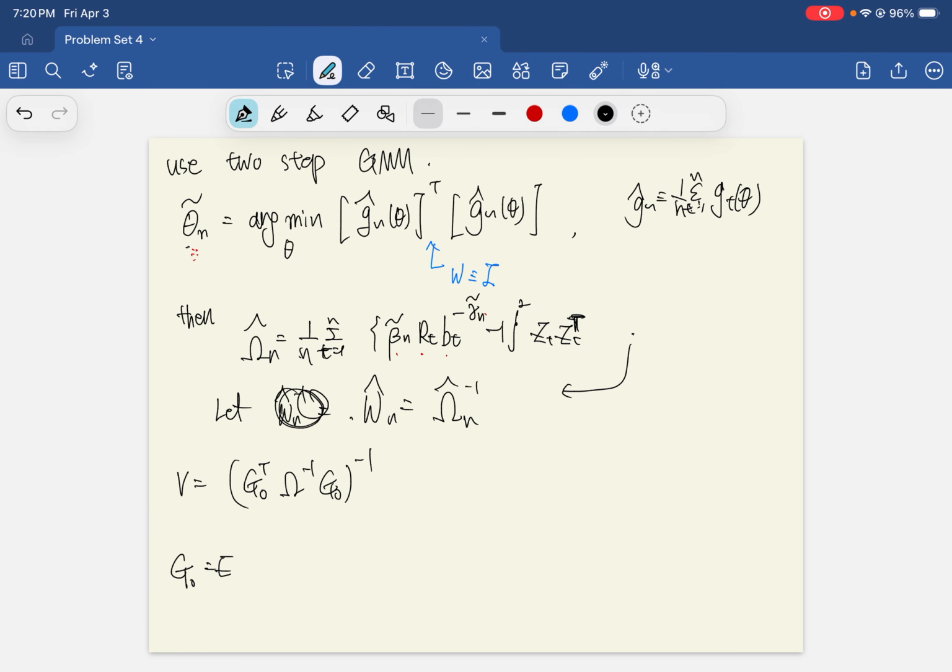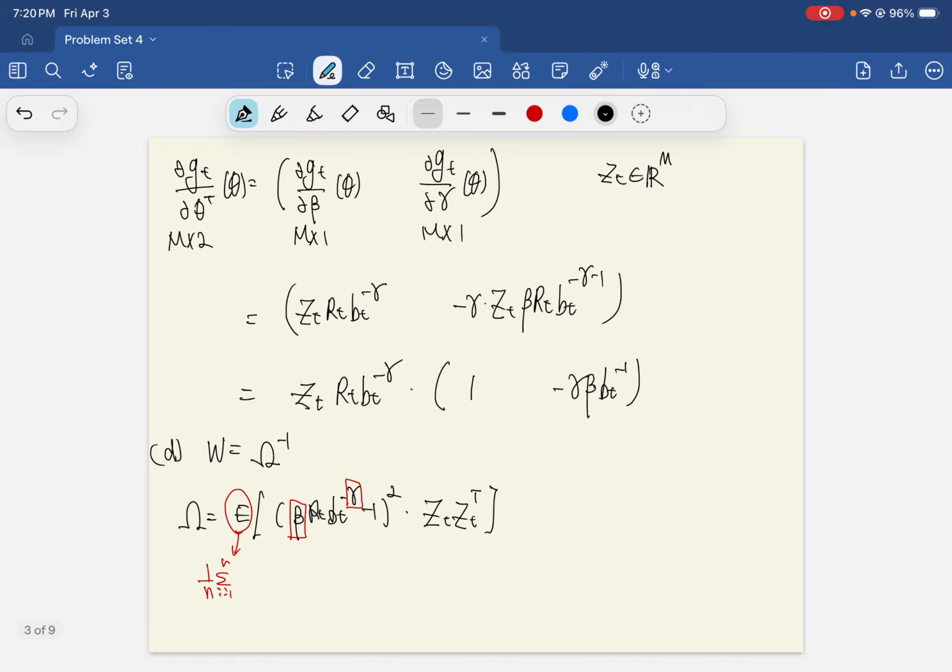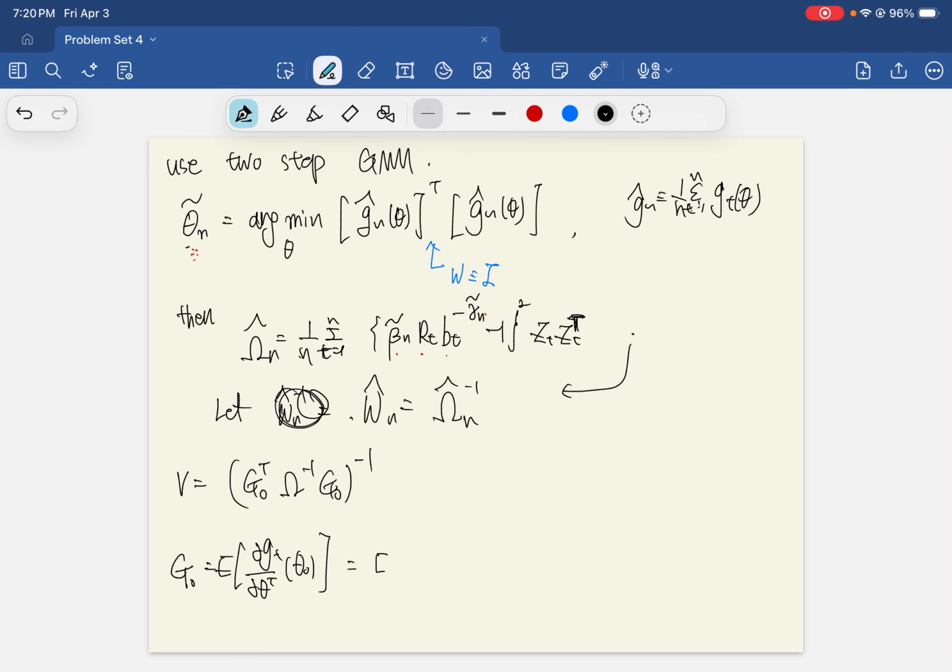G was expectation of this, that's just expectation of this guy, okay? So it is expectation of ZT RT times BT minus gamma 0 times 1 and beta BT minus 1, beta 0. Minus gamma 0, beta 0.